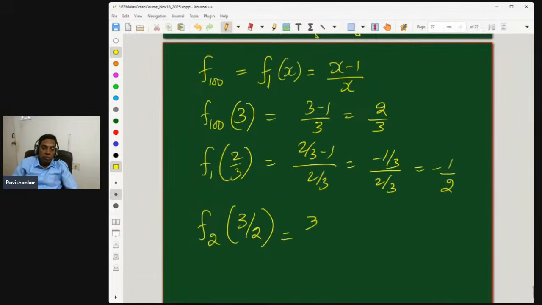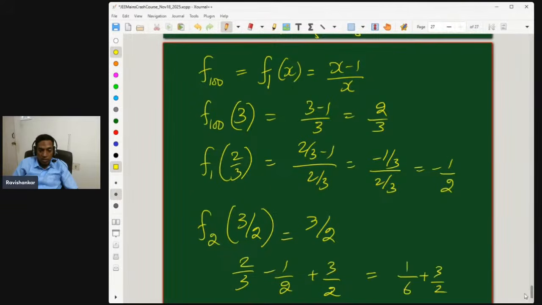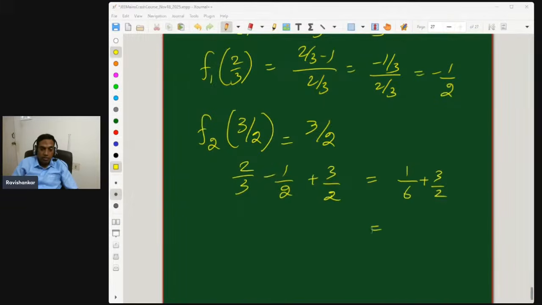So 3 by 2. So the sum is 2 by 3 minus 1 by 2 plus 3 by 2. So this is 1 by 6 plus 3 by 2, which is 10 by 6, which is 5 by 3. That is the answer.